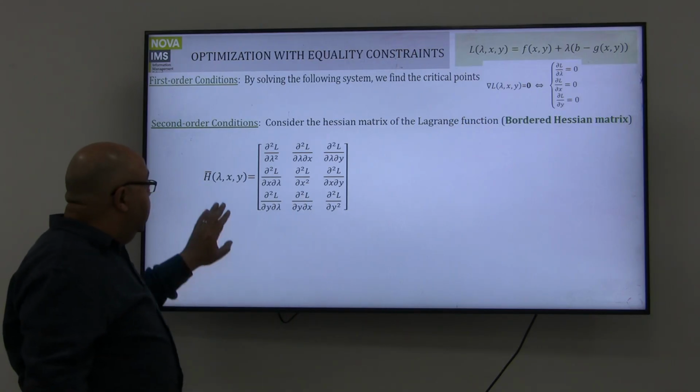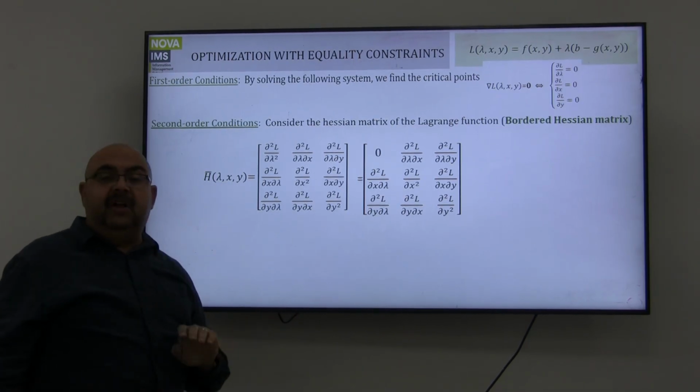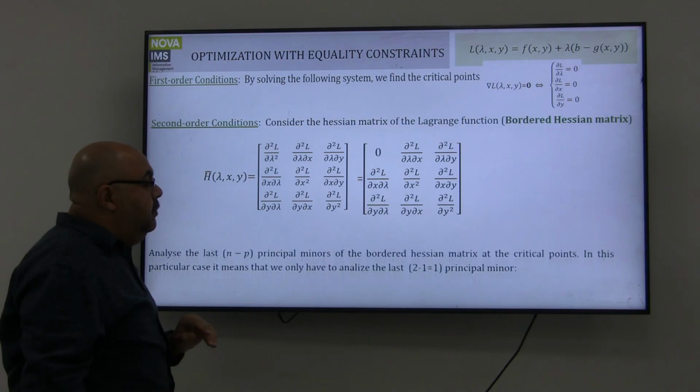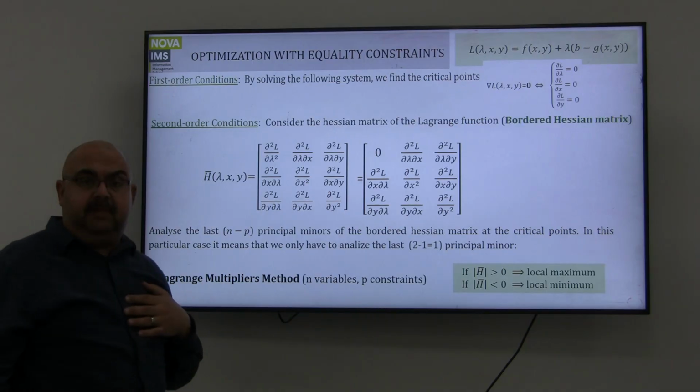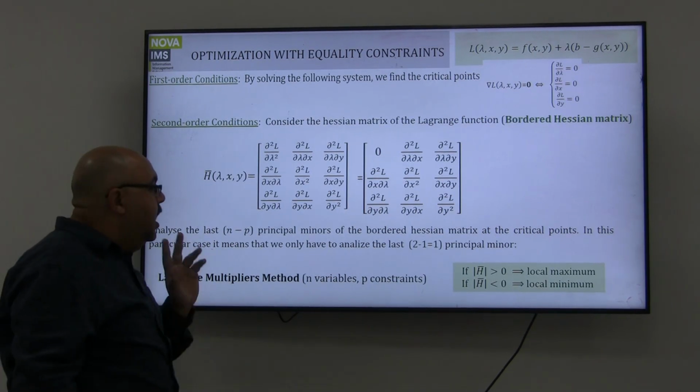Then, according to the principal minor of this Hessian matrix, I will be able to classify my problem as maximization or minimization.